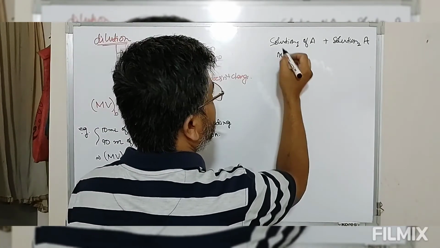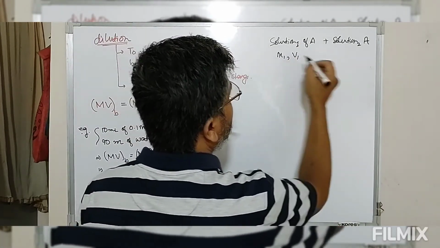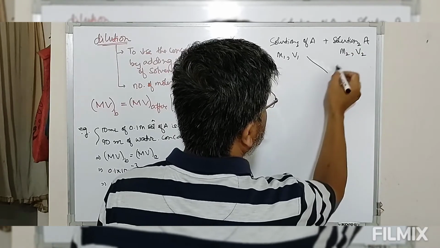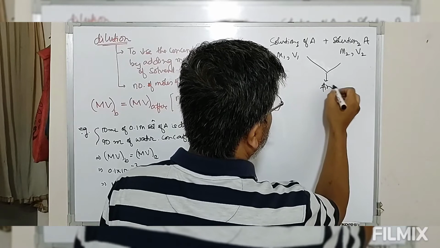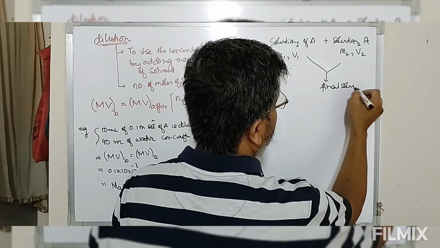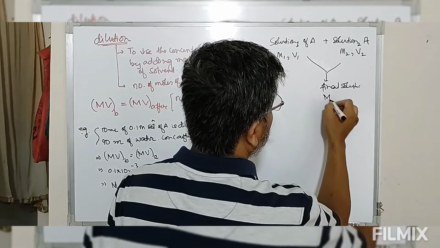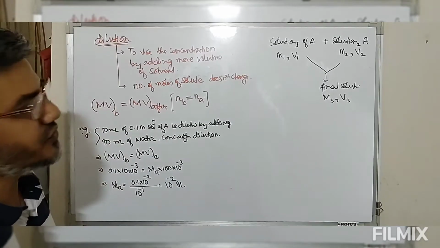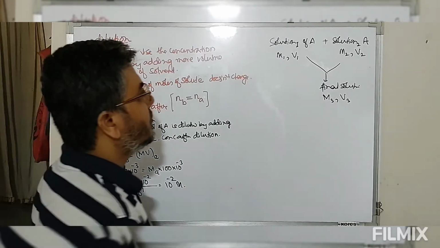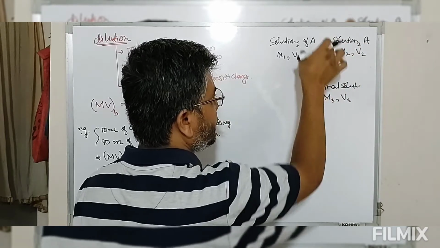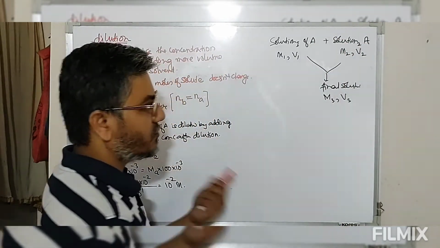The concentration is M1 and volume is V1, the concentration is M2 and volume is V2. Now after this mixture, the final solution has concentration M3 and volume V3. We have to find the relationship between these. These two solutions are mixed to give the final solution, that is solution 3.